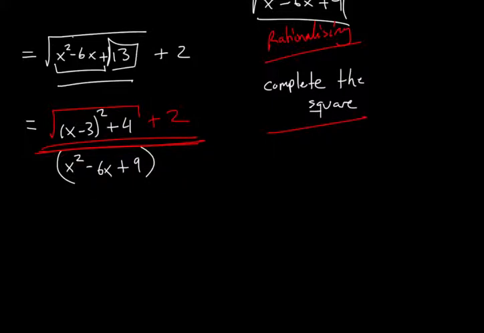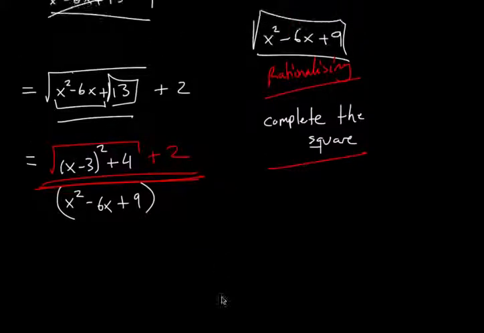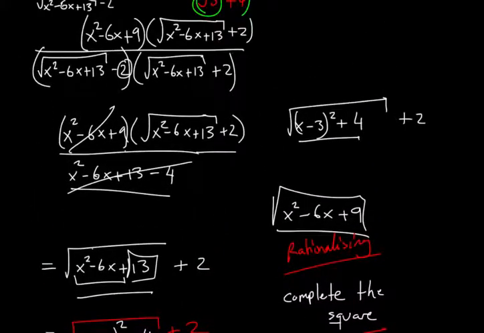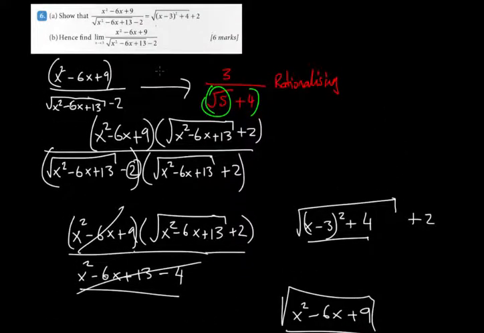And I wanted to do the second part of the question now, which asks you for the limit. The limit of that. Now the limit of that looks like a nightmare, but it's actually the same thing as you had here.